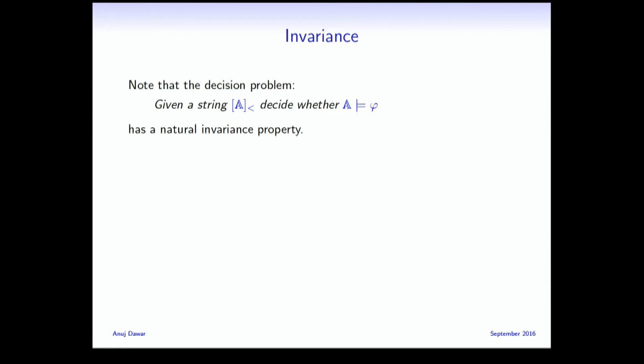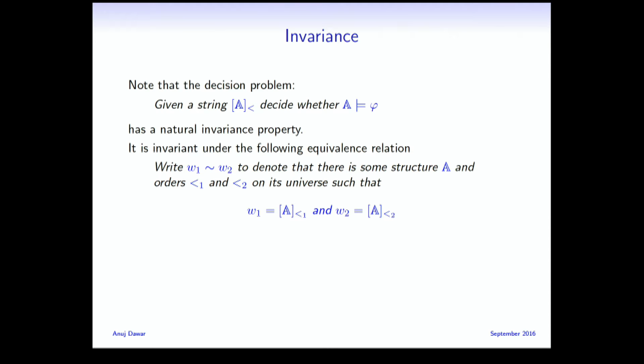We're given a string, for a fixed, let's say, phi is a fixed formula, and the problem is, given a string, decide whether it represents a structure satisfying phi. So this has the natural invariance property because the formulas are invariant under isomorphisms. I said this right at the beginning of the first lecture. We're concerned with properties which are invariant under isomorphisms. And so this isomorphism, of course, induces an equivalence relation on strings.